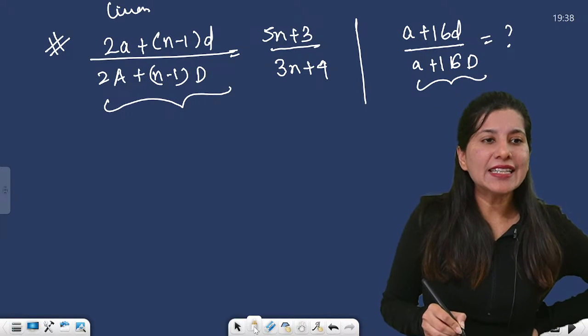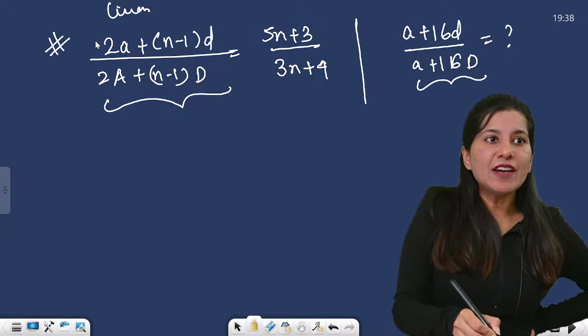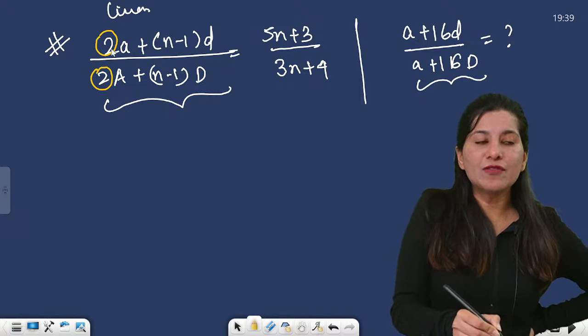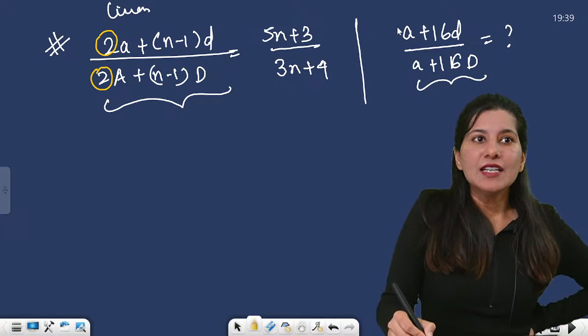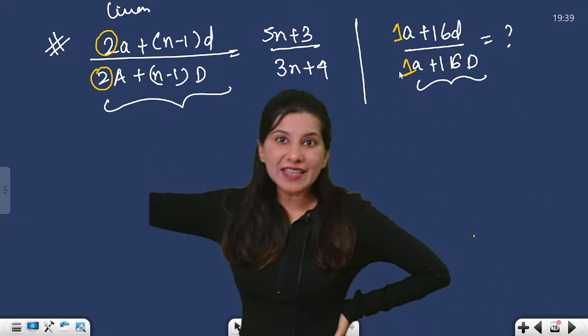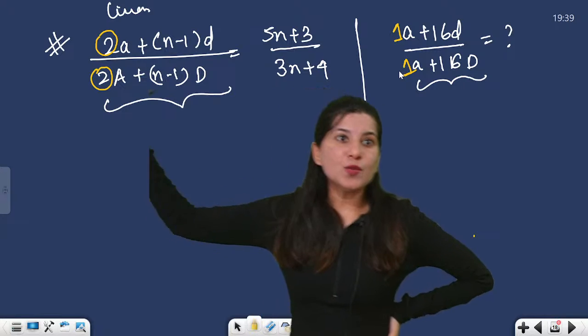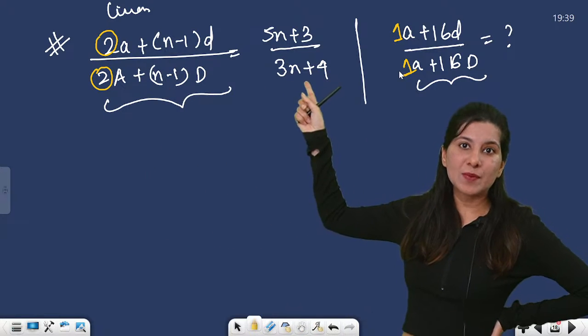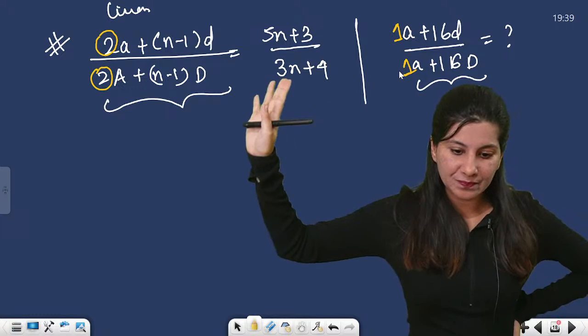What I am not liking is this 2. If I remove this 2 from the numerator and denominator, it will become 1. So I am trying to make the left hand side of my expression equal to the left hand side of this expression.